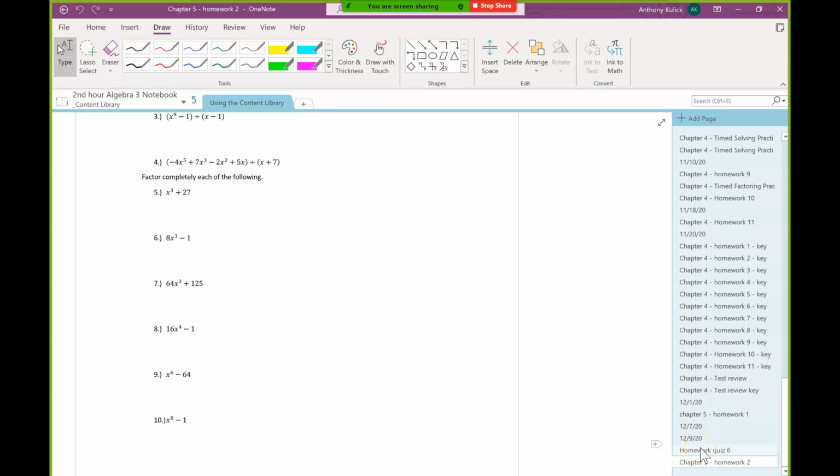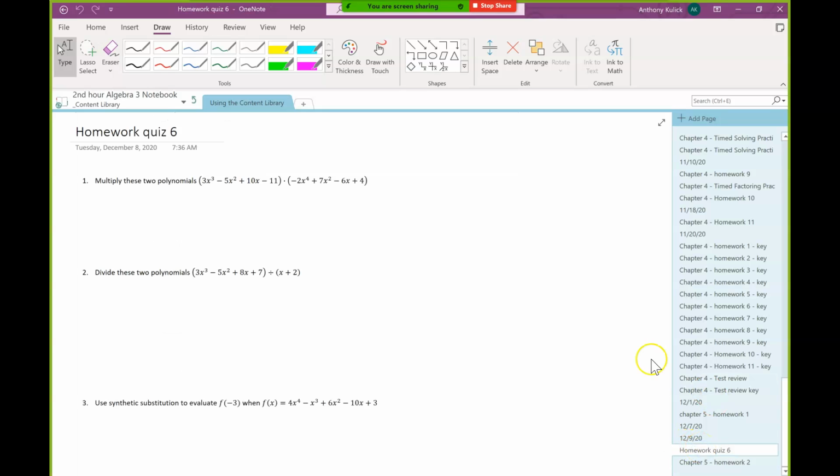And also for today, I have this homework quiz 6. I'm going to dismiss you from class in a minute. When you get dismissed, you should start on this homework quiz. You can do the homework quiz on paper or in OneNote. If you're doing it in OneNote, please convert it to a PDF, and then there's an assignment drop box on PowerSchool. If you're doing it on paper, if you just have an image, you don't have to convert it to a PDF.